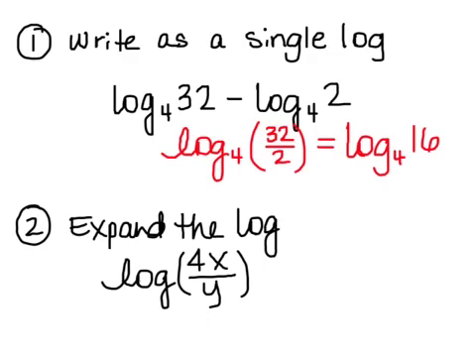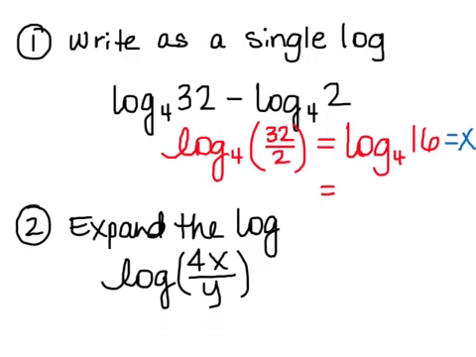And then if it's solvable, you'll want to go ahead and do that. Remember we can always set this equal to x, just to say log base 4 of 16 is equal to what, and the what can be your x.